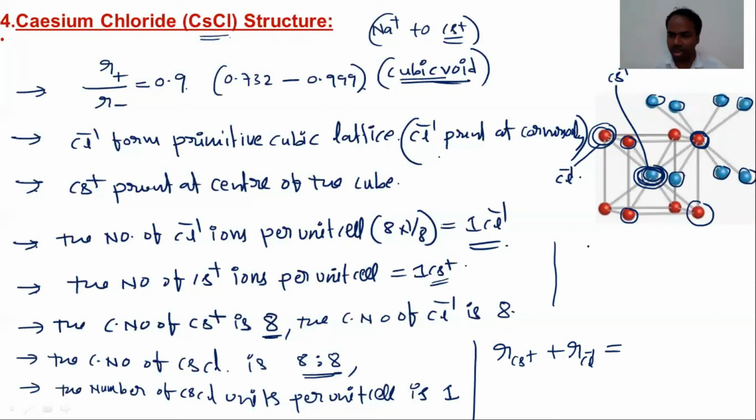The length of the body diagonal is 4r, meaning 2 into the radius of Cs plus plus the radius of Cl minus, and that is equal to root 3 a. I want the distance, so r Cs plus plus r Cl minus is root 3 a by 2. This is the distance between Cs plus and Cl minus. These are the main important characteristics or features of the cesium chloride structure.